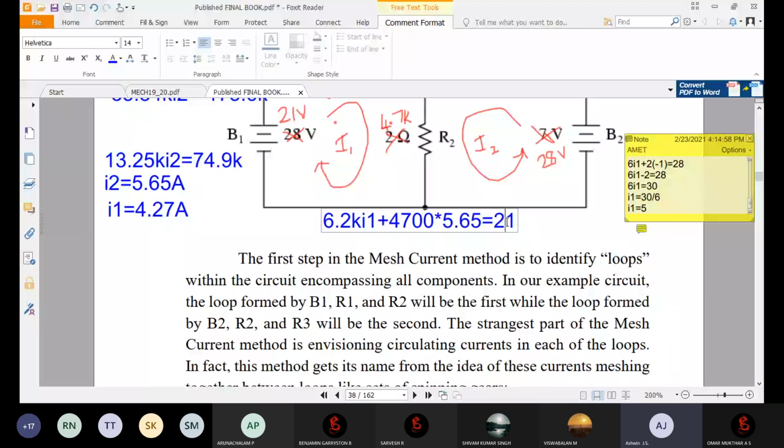Okay, so next, 6.2K I1 is equal to 21 minus 4,700 into 5.65, whose value is 2655, right?